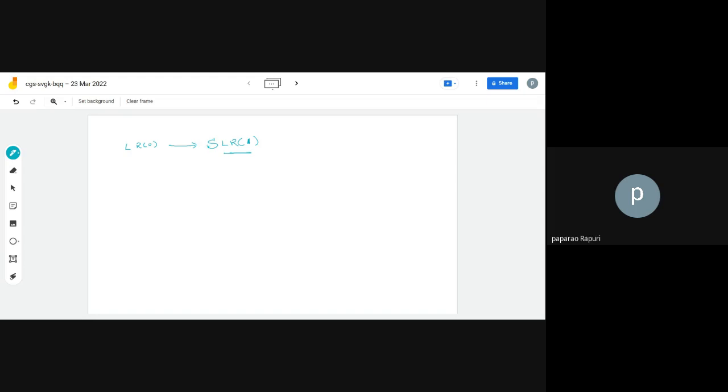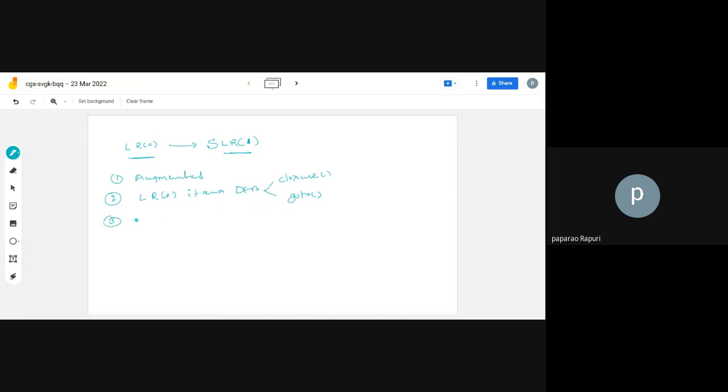In LR0, we constructed the parsing table by constructing the augmented grammar, then the LR0 items DFA with the help of closure and goto functions.